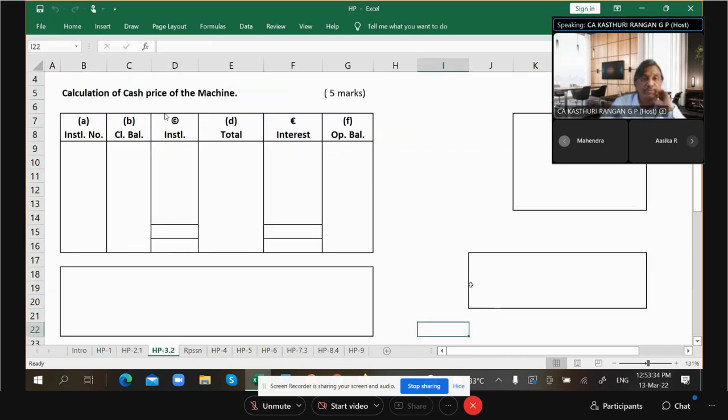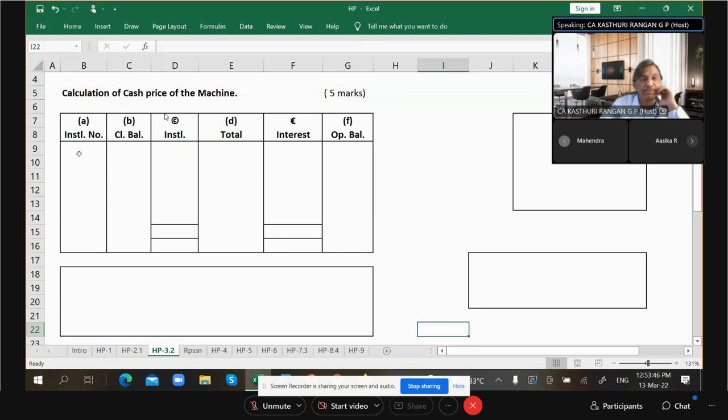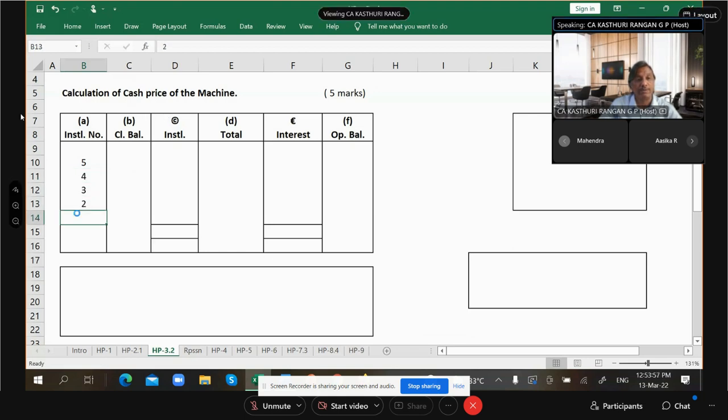You have to just prepare a small table like this. Put here installment number, in the reverse order. 5, 4, 3, 2, 1.